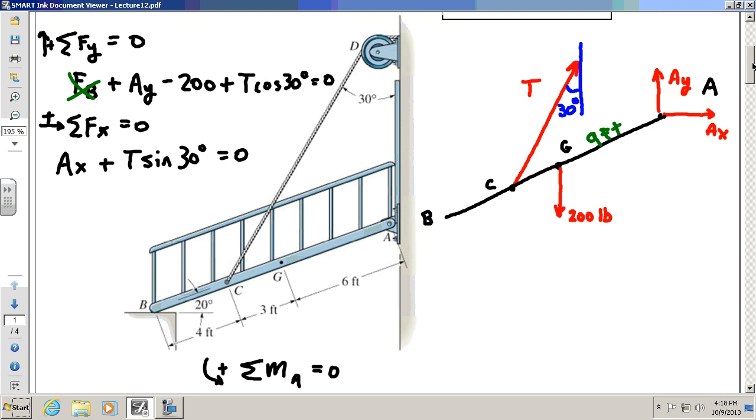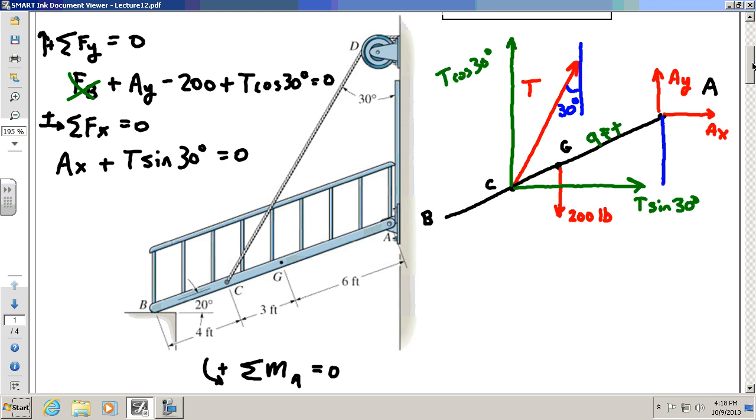But let's break up force T into two components. We have a horizontal component, which of course is T sine 30, and you have a vertical component, which of course is T cosine 30. Okay? So what's the perpendicular distance for the horizontal T sine 30? The perpendicular distance would be given by this blue line here.